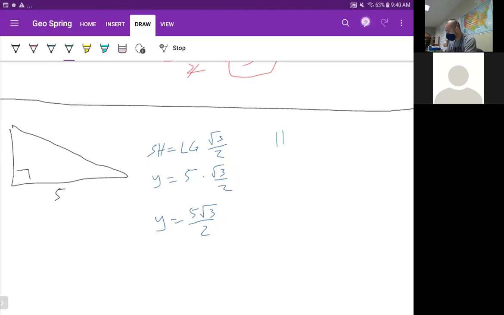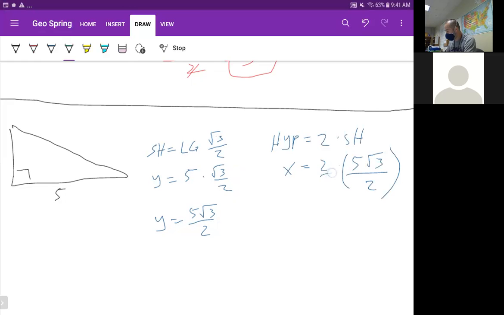I was trying to make this one similar to yours, so you have examples to look at, but I'm going to do my best to make this useful for you. Hypotenuse equals 2 times short. So the hypotenuse is x, 2 times the short, which is 5 square roots of 3 over 2.